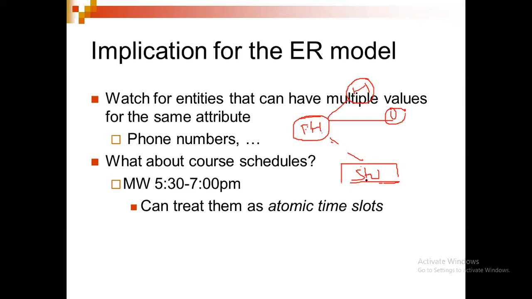Another example: if I have name, again we have first name, last name, and middle name. If you have an attribute subdivided into multiple attributes, we call this composite.